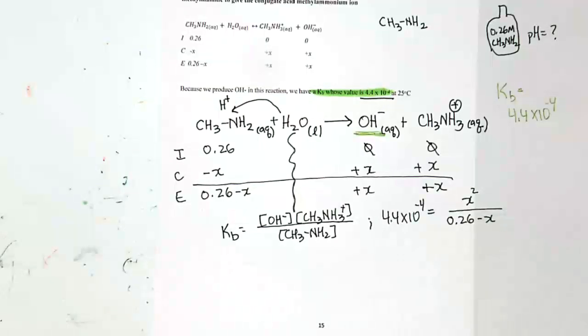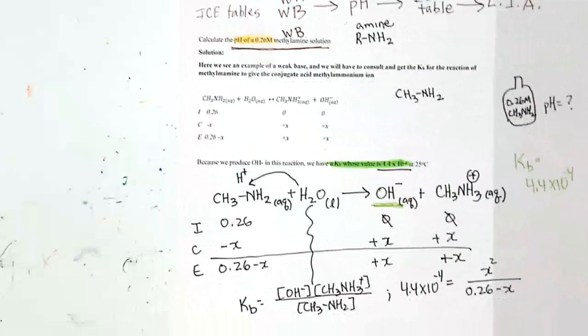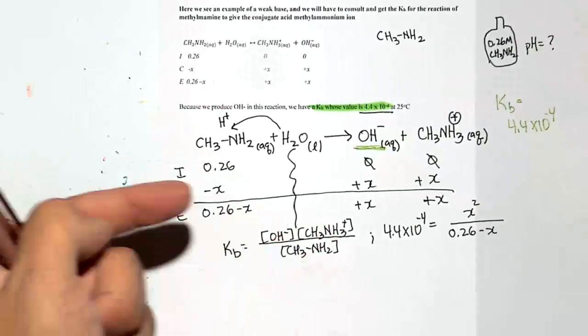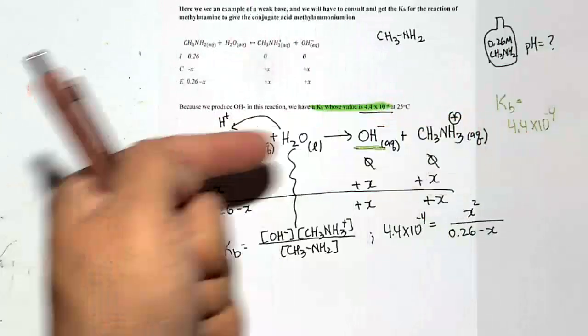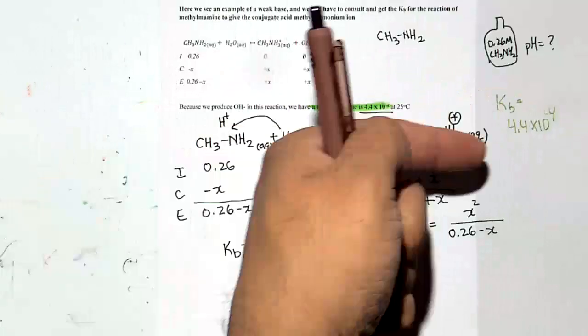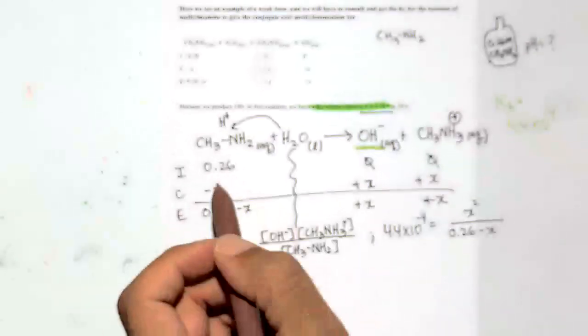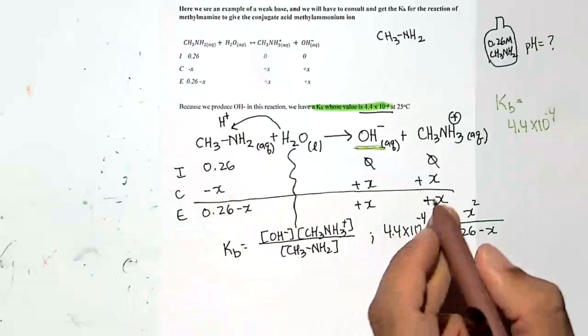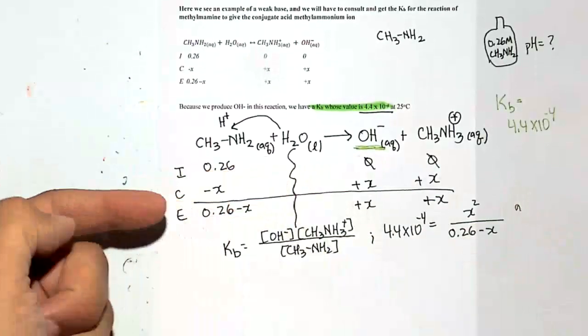So here we'll use the low ionization assumption. The low ionization assumption is that we will assume this reaction moving in the forward direction is negligible. Basically what we're saying is that we will assume x is small.